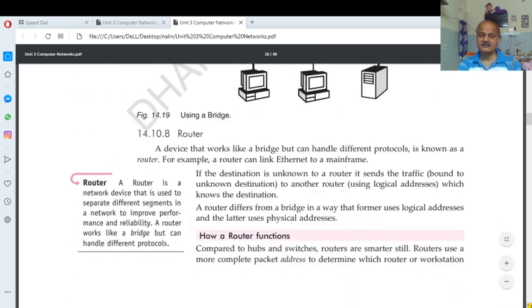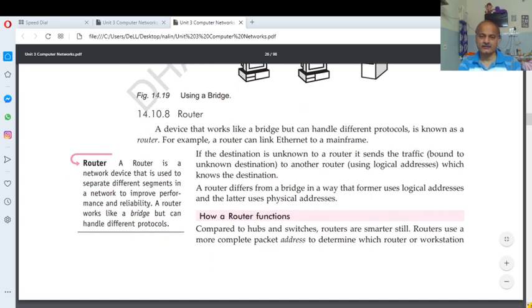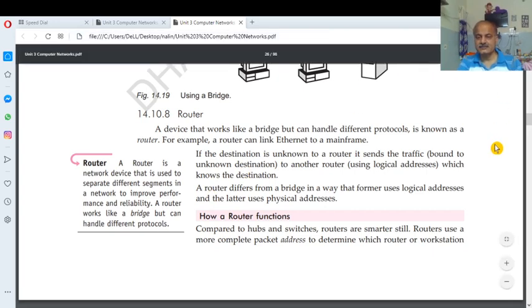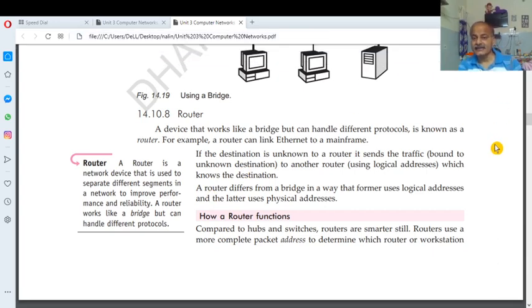After that, see the router, a device that works like a bridge but can handle different protocols is known as a router. As I told you earlier, a bridge can handle only the same type of protocol, but the router can handle different types of protocols.